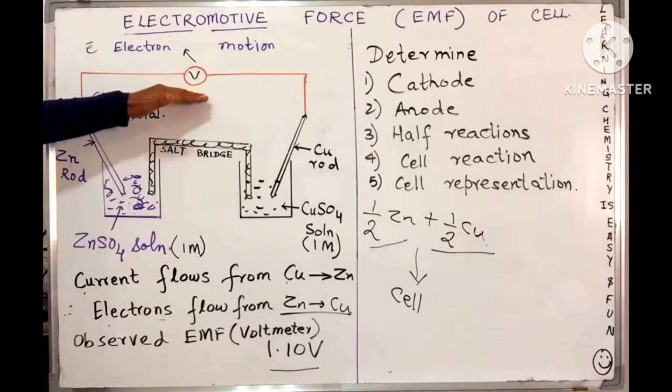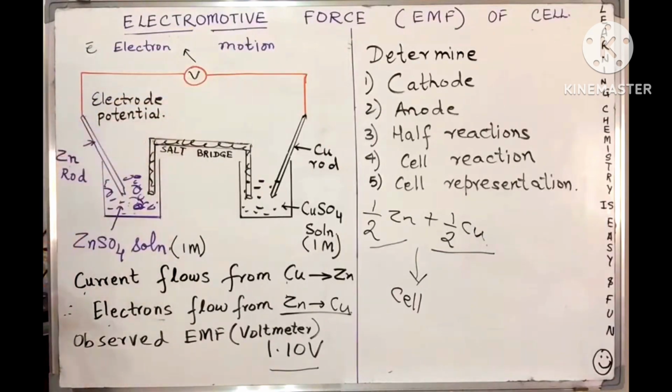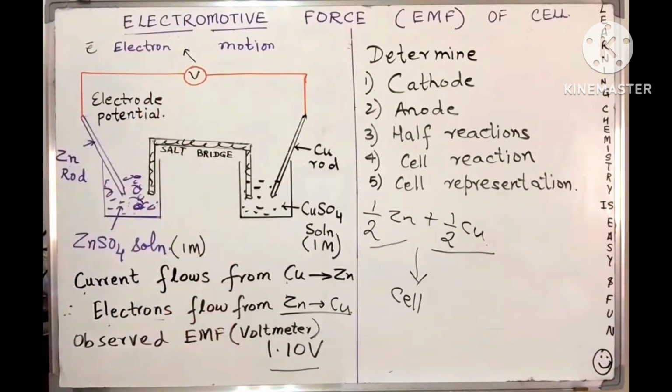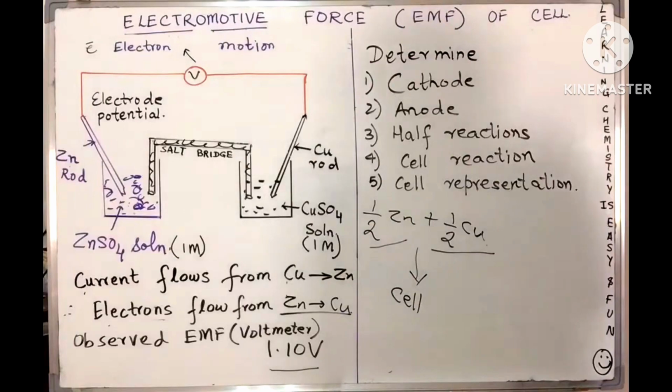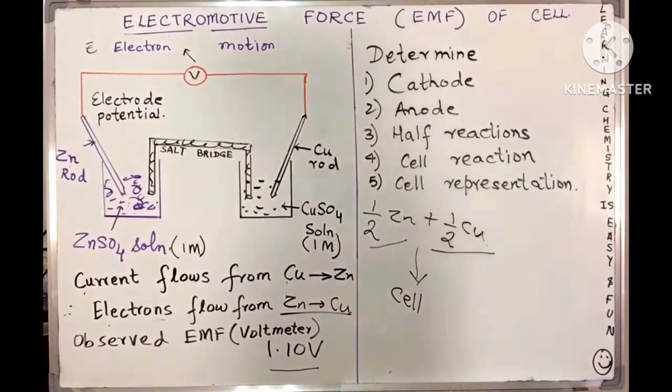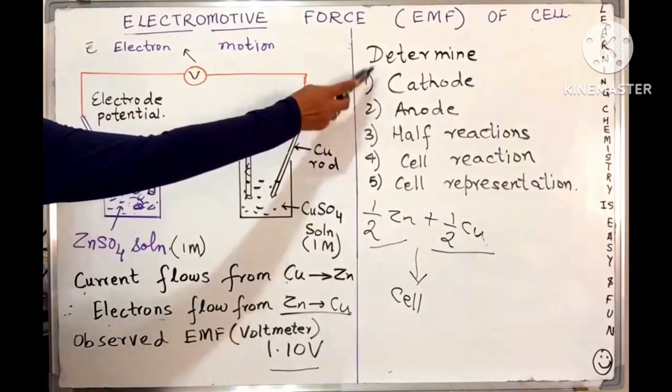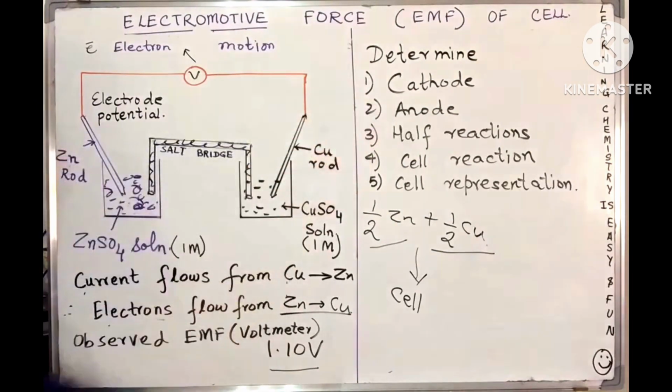First of all, we'll make our fundamentals clear, then you can go about the potentiometer and all of that in your higher classes. So let's assume that I have connected a voltmeter here and the potential I am observing is 1.10 volt. Now, the task for you is to determine which one is the cathode out of zinc and copper. Which one is acting as the cathode, and which is acting as the anode?